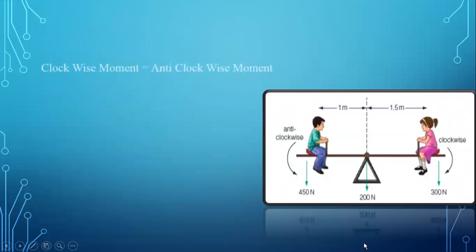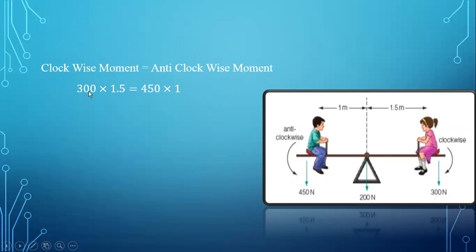So in this case, clockwise moment is equal to anti-clockwise moment, where the clockwise moment is produced by the force 300 Newton with moment arm 1.5. Here 1.5 is the moment arm for the 300 Newton force, and 1 meter is the moment arm for the 450 Newton force, which is producing anti-clockwise moment.